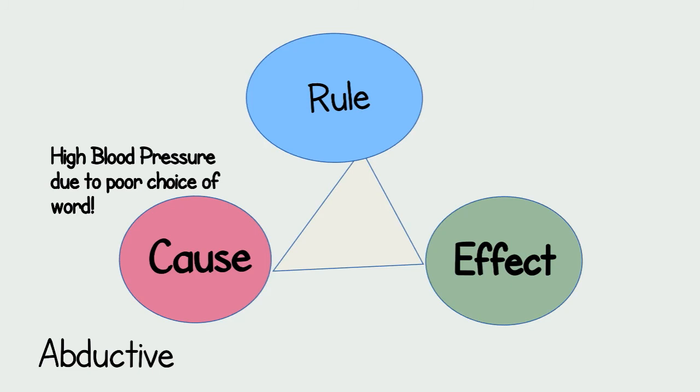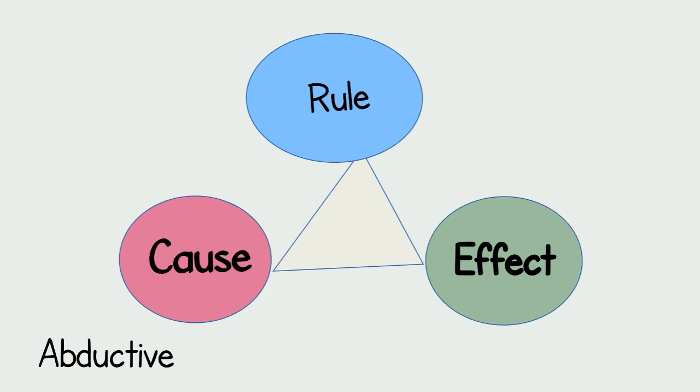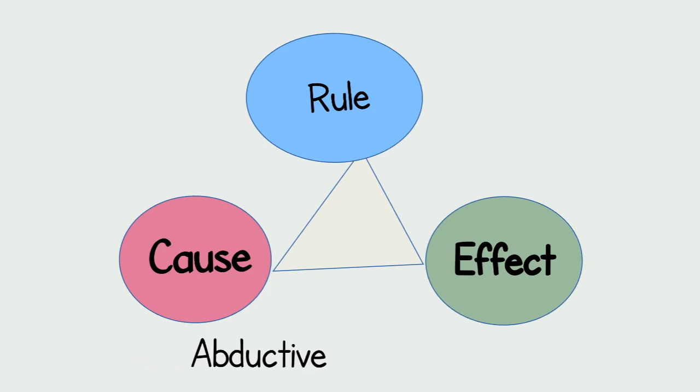So you're using the effect of walking into the room and the known rule that the rise in blood pressure was always caused by this poor choice in language to abduce the cause of the rise in blood pressure. So you're kind of like a detective. That's abductive reasoning.